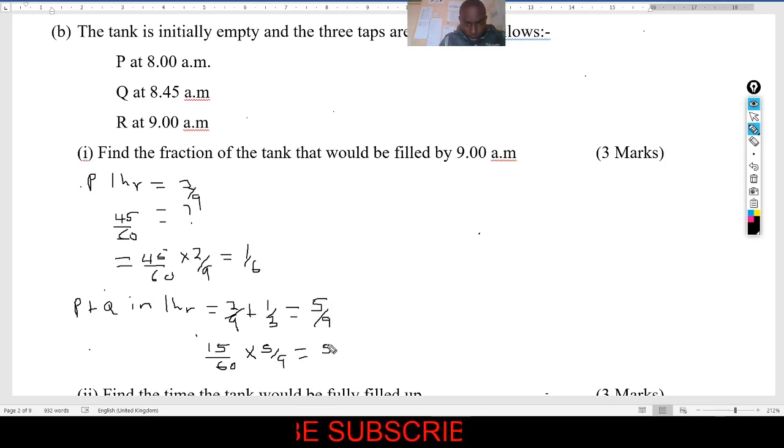They will fill 5/36 of the water. That is P and Q in 15 minutes.